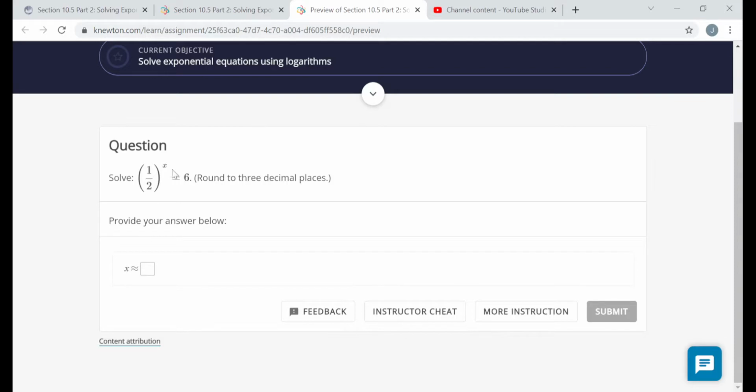Alright, so I'm going to write this equation out, and we're asked to solve for x. You have 1/2 to the x power equals 6. We're asked to solve for x and round our solution to 3 decimal places, or to the nearest thousandth.